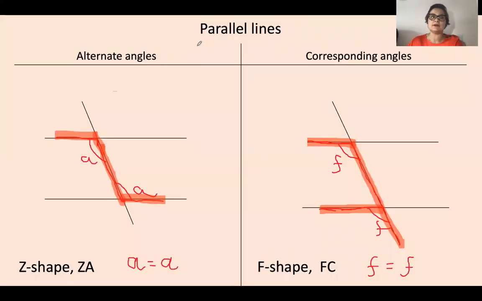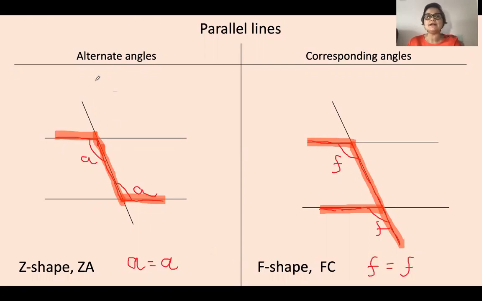Lovely. Next one. Now this is something you have to practice to be able to remember. For parallel lines, several angles are created when you draw two parallel lines and another intersecting line. In this case, we have two examples, alternate angles and corresponding angles, and in the other slide, I will show you a different type of angles.